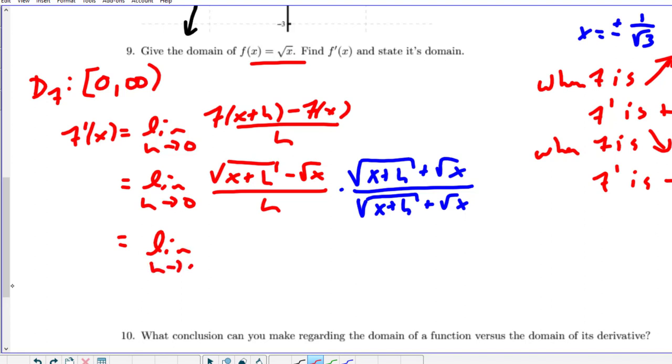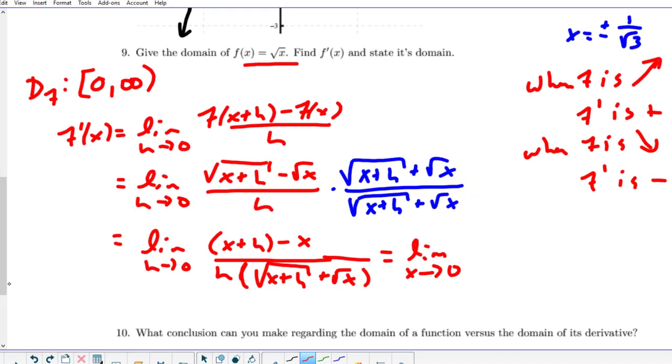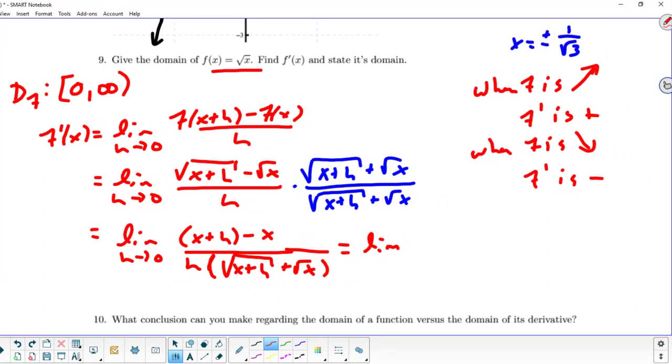Limit as h approaches 0 of x plus h minus x all over h times the square root of x plus h plus the square root of x. Doing a couple steps at once, folks.